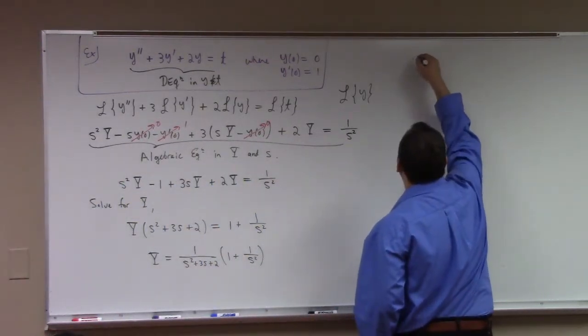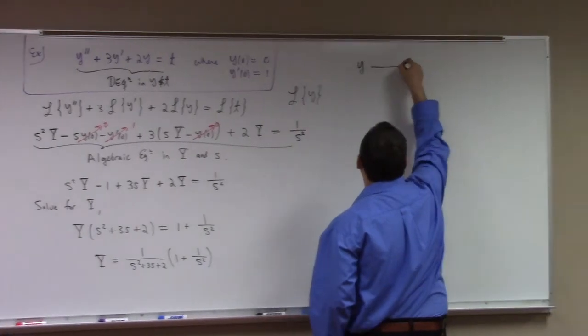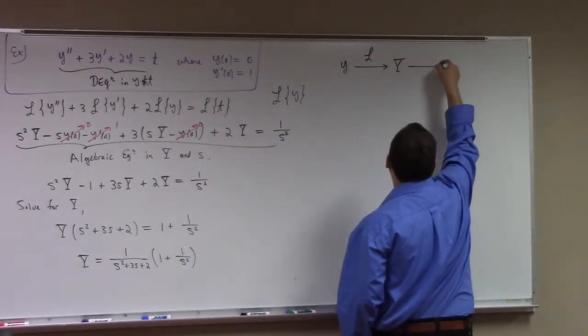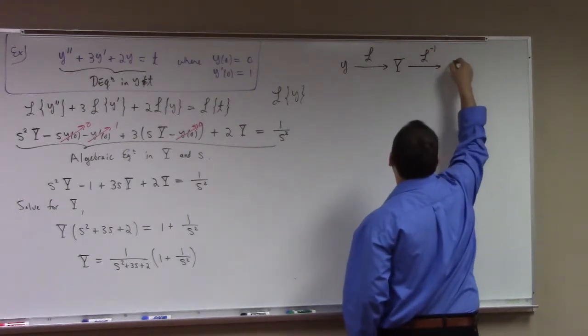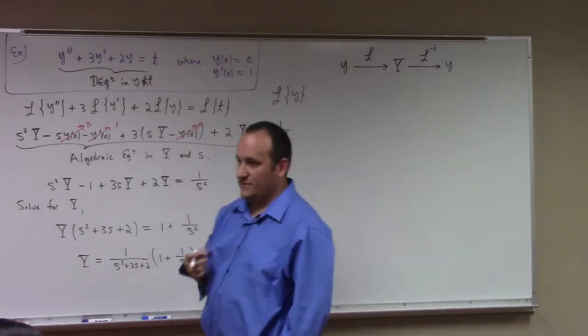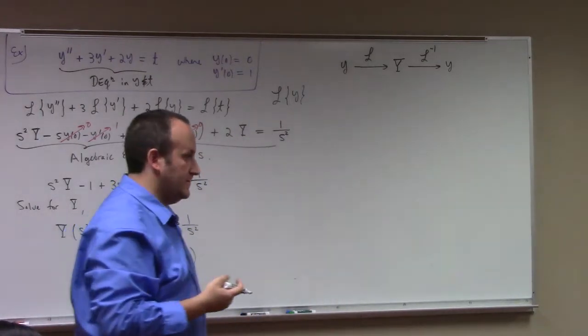So here's the deal. We start with y. You take the Laplace transform, it gets you to big Y. Then you take the inverse Laplace transform, it gets you back to y again. So what's the inverse Laplace transform?